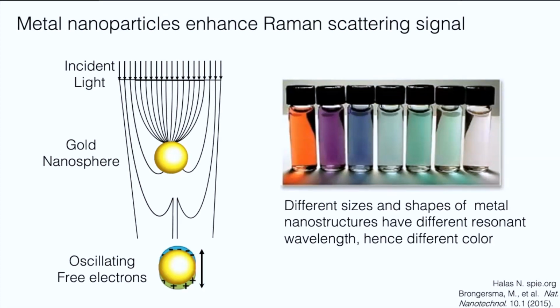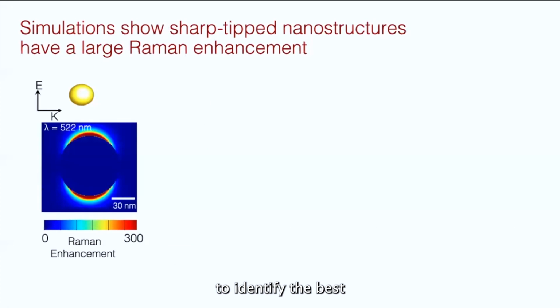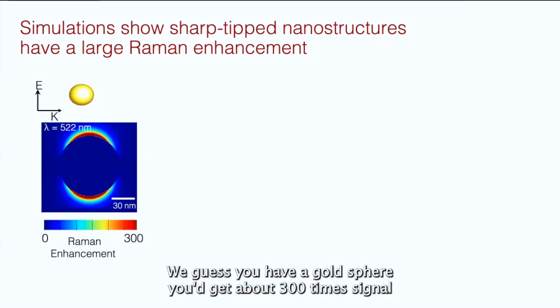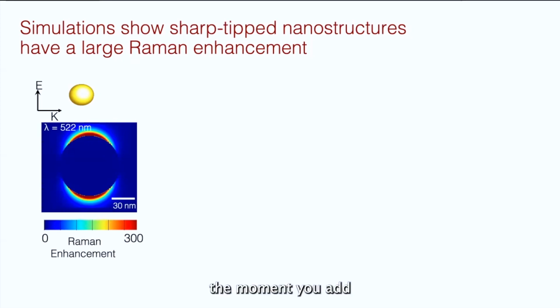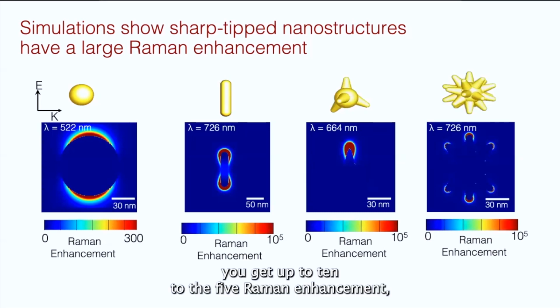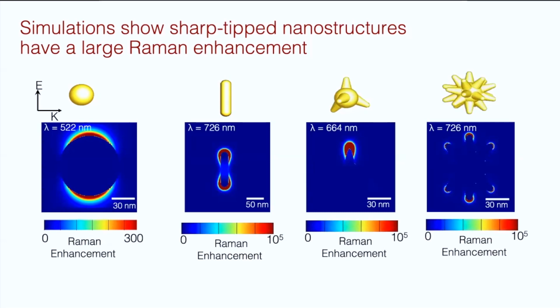To identify the best nanoparticle shape for our application, we performed electromagnetic simulation to see how much enhancement we would get. If you have a gold sphere, you'd get about 300 times enhanced signal. The moment you add sharp tips, such as a rod shape or some of the fancier star shapes, you get up to 10 to the 5 Raman enhancement, theoretical.